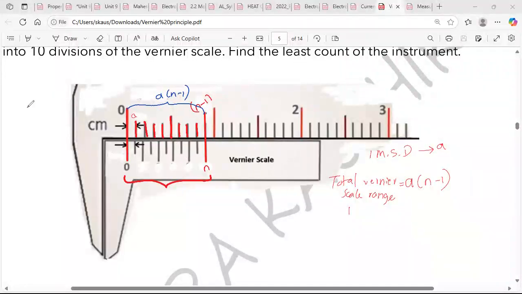That is divided into n divisions. So if it is n divisions, that total length should be divided by 10.